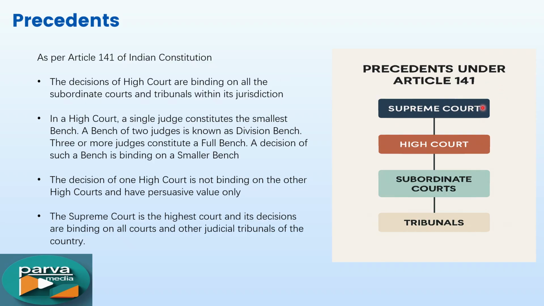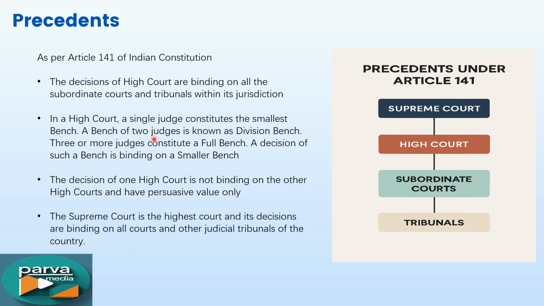So any decision given by the Supreme Court is binding on all the courts within the territory of India. High courts, subordinate courts, tribunals, all courts are bound to follow Supreme Court decisions. This establishes the Supreme Court as the highest judicial authority, and its decisions become binding precedents for all subordinate courts and tribunals across the country.